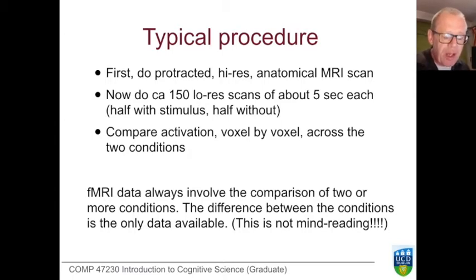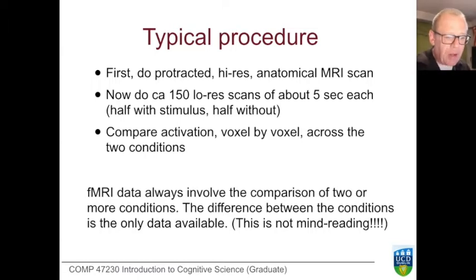You then compare the two conditions, looking at one voxel at a time. Now, a voxel is a volumetric equivalent of the pixel in a picture. You're familiar with the pixel, the little dots that make up a digital picture. A voxel is a three-dimensional analog of this. So we compare the regional blood flow voxel by voxel across the two conditions.